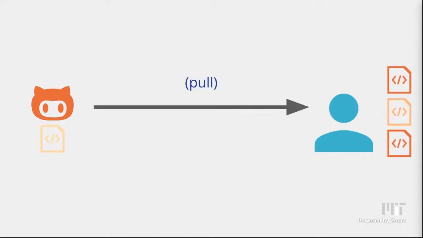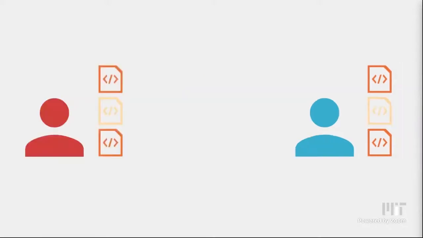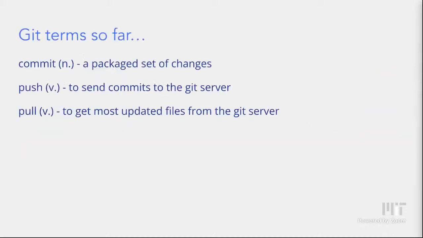And so when other members of the team want the most updated version of the file, they pull from the Git server into their own code base, and it's reflected in their code. And so now Ben and whatever other member of the team have the same versions of their files. And the Git server is like the middleman between that, moderating all of this.